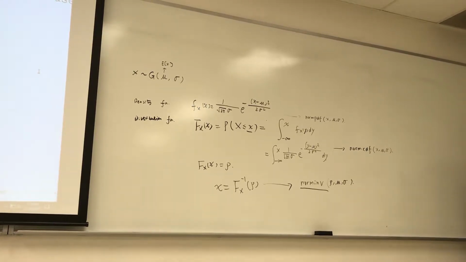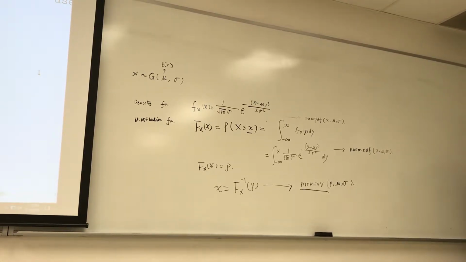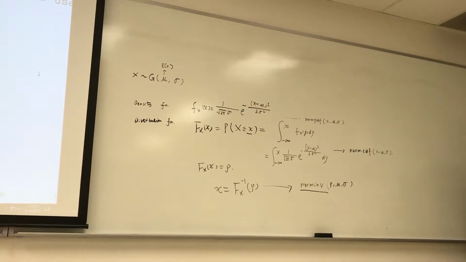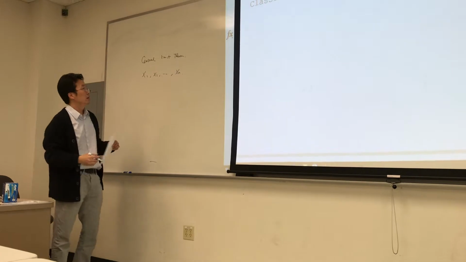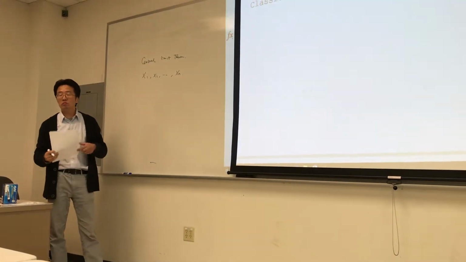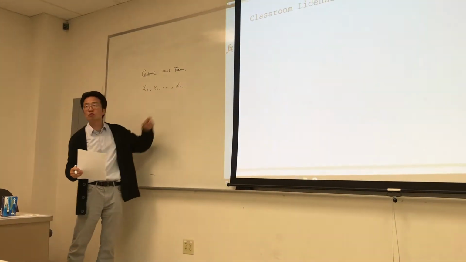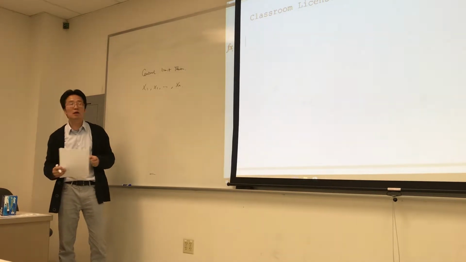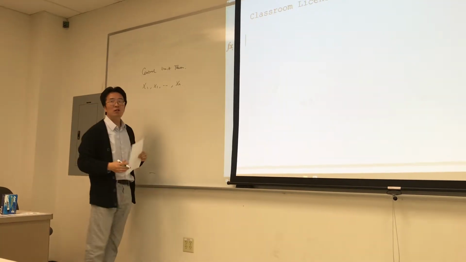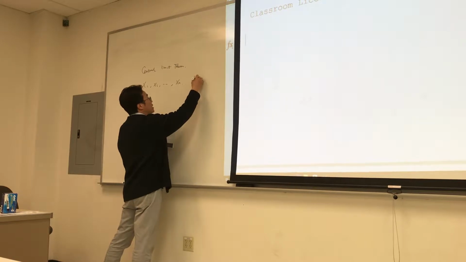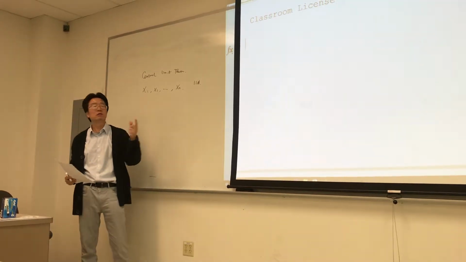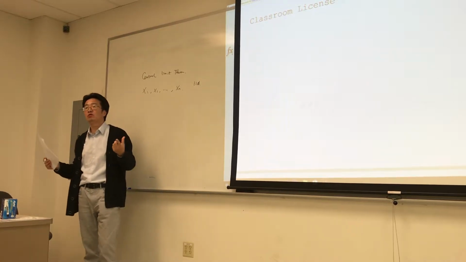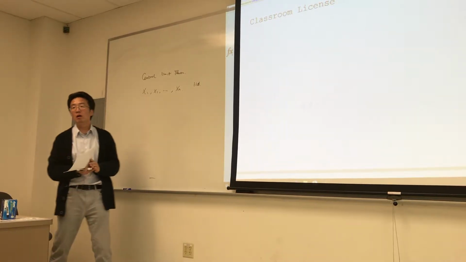In other words, we have x1, x2, and so on up to xn, and they follow the same distribution, and also all these random variables are independent. We call these random variables IID. One I represents independent. The second I represents identical distribution.